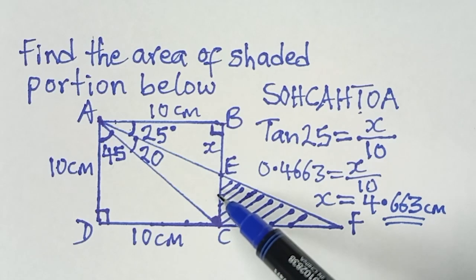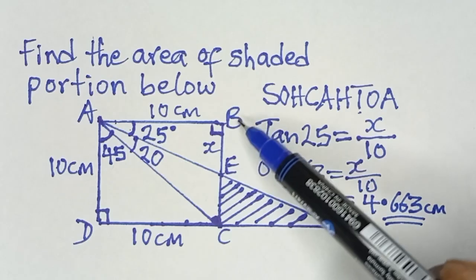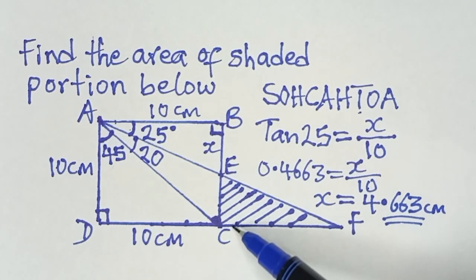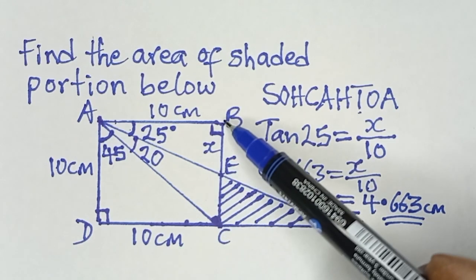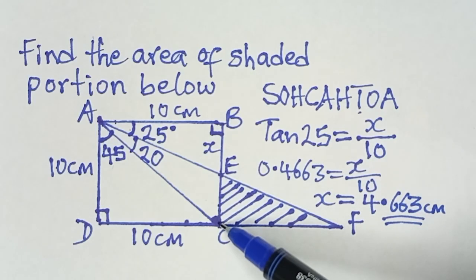Now, you agree with me that it is now possible to get the value of this side CE, because the whole of this length is 10 centimeters. So for me to get CE, I'm going to say 10, which is the whole of everything, minus X. 10 minus this part will give me this remaining length, CE.